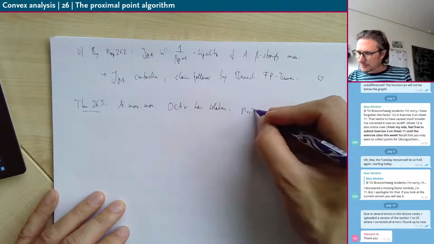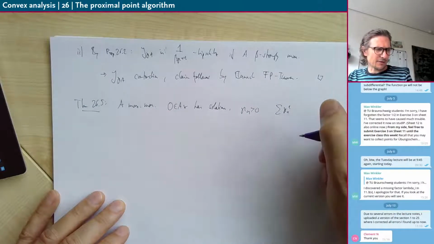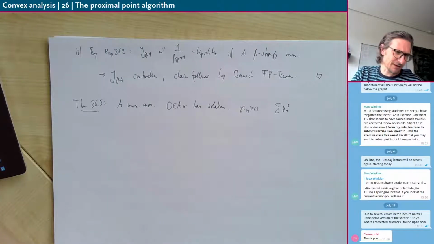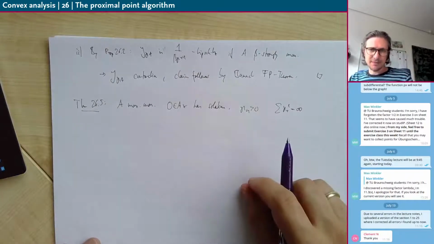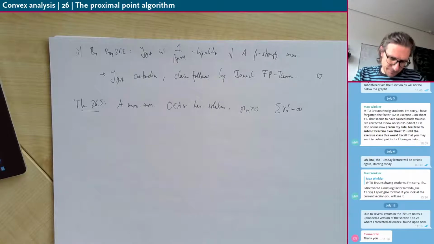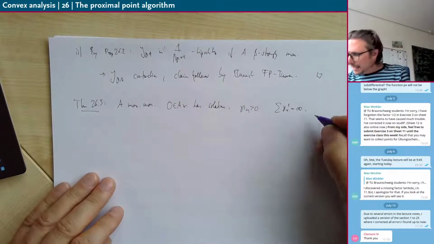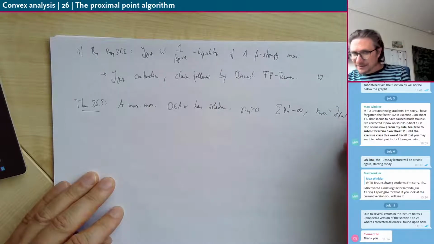And also γ_n positive, such that the sum over γ_n has to be infinity. And again, the iteration is x_{n+1} = J_{γ_n A} x_n.